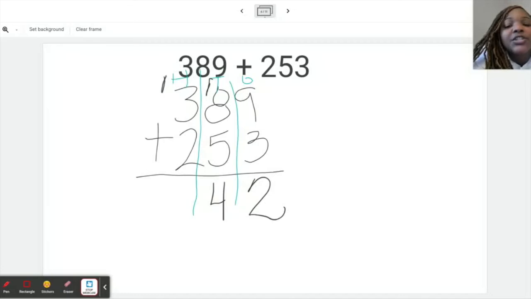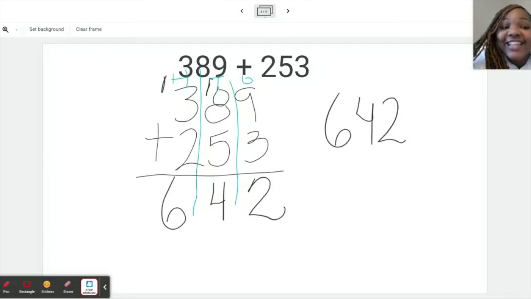And now in our hundreds, we have 1 plus 3 plus 2. Who can tell me what is 1 plus 3 plus 2? If you said 6, you're absolutely correct. 6. So now we have 642 as our answer.